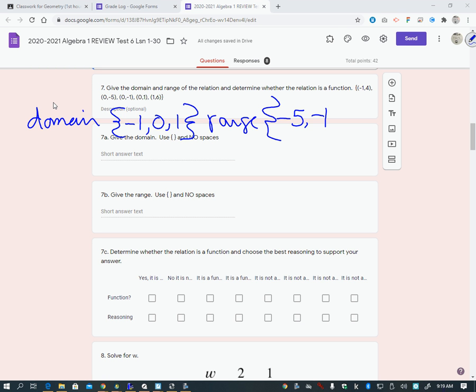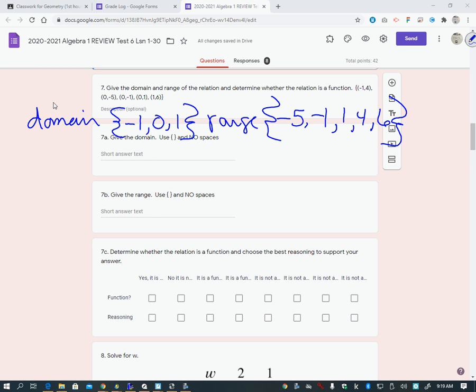What else? 1. A is the domain, B is the range. Determine whether the relation is a function and choose the best reasoning for your support.